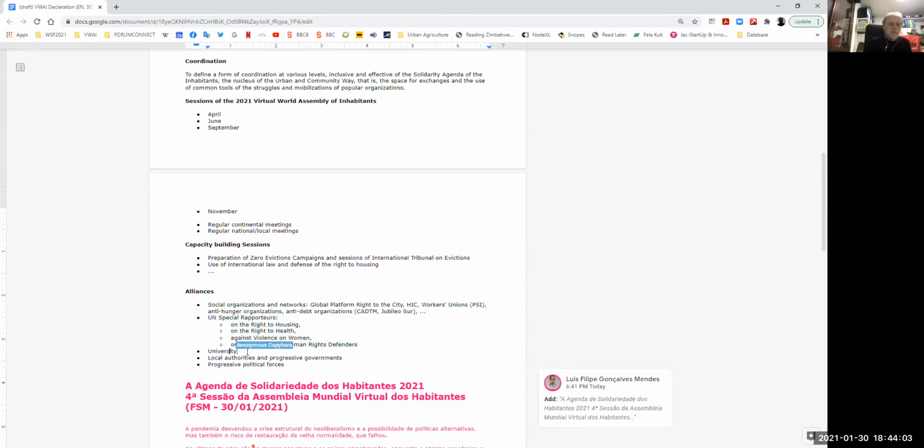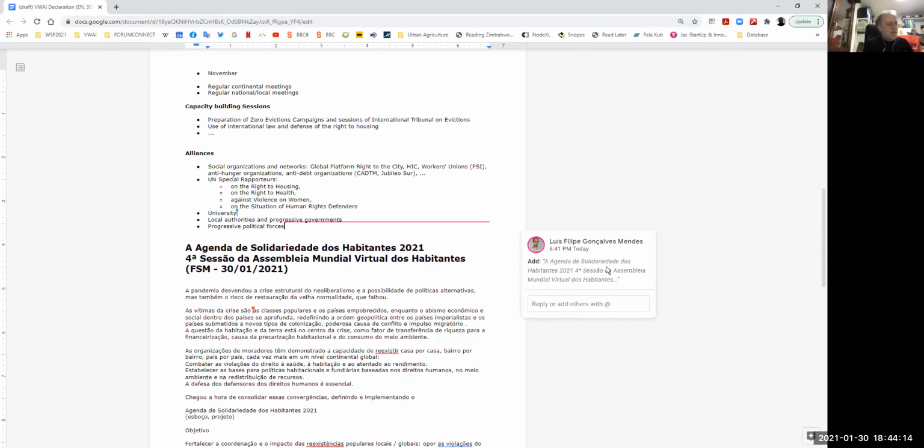There will be a meeting next week organized by the platform Right to the City. We should also work together with universities, local authorities, and progressive governments.